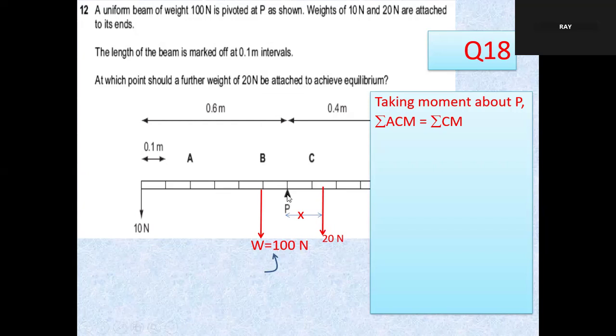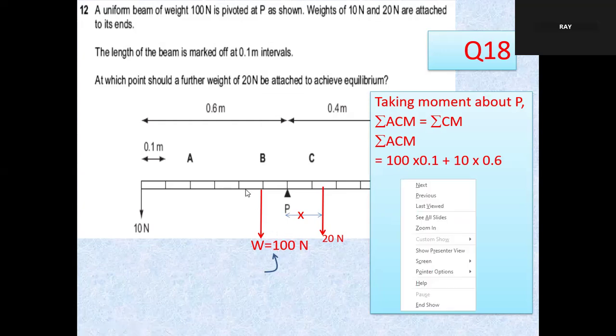There's your P. Sum of anti-clockwise equals sum of clockwise. Anti-clockwise is 100 times x.